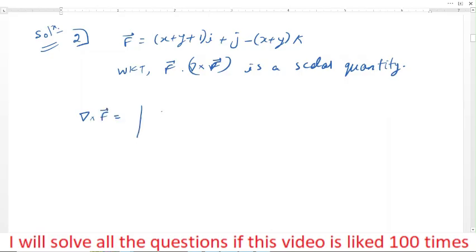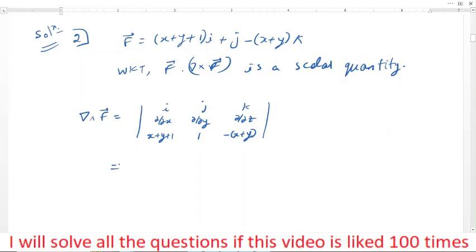Please remember the formula: the determinant with i, j, k, then dou upon dou x, dou upon dou y, dou upon dou z. The coefficient of i is x plus y plus 1, the coefficient of j is 1, and similarly the coefficient of k is minus (x plus y). So we'll simplify this one by one.